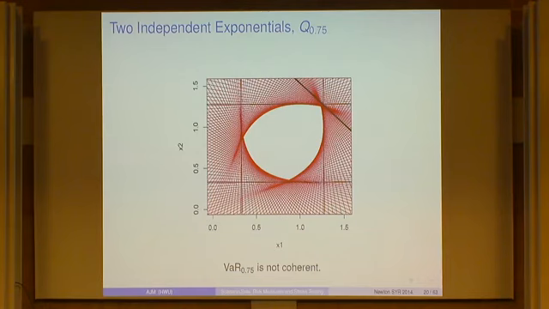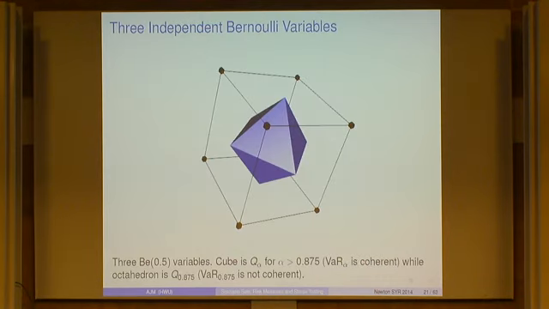They no longer support the convex set in the middle. And when that happens, then you know that value at risk is not coherent. You know that at the 75% level, value at risk will not be coherent on the linear space of two independent exponential risks. And I can talk about the construction a little bit later on, briefly.